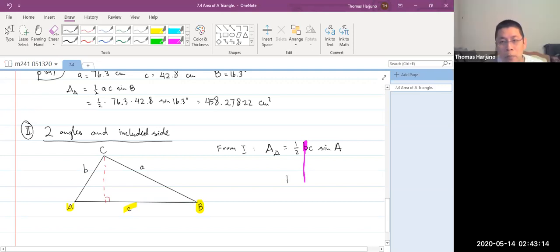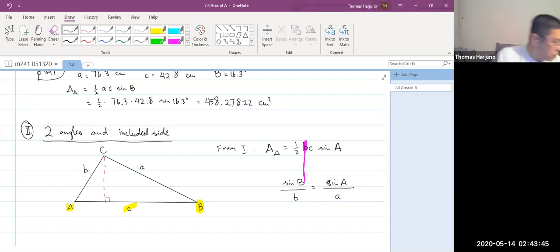Actually, I prefer it the other way around. Sine B over B equals sine A over A. But will this give me what I want?